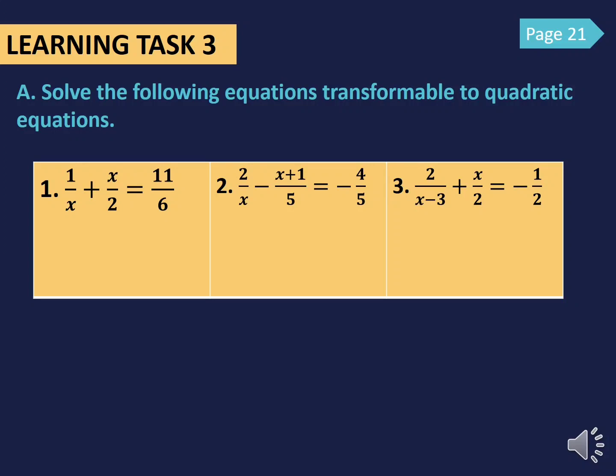And for number 3, we have 2 over x minus 3 plus x over 2 is equal to negative 1 over 2. Here, we can check whether you understand our lesson or not. So, good luck. Do it on your piece of paper. Here, you will apply what you have learned in our previous discussion. Good luck!